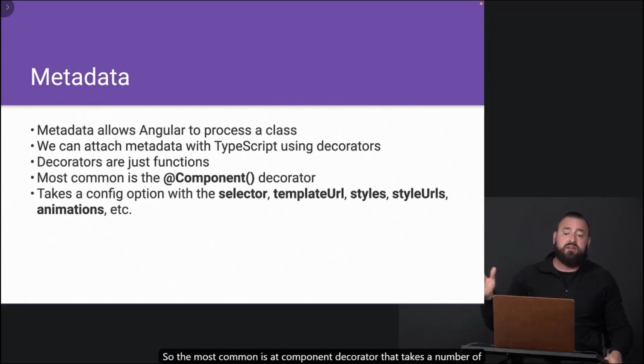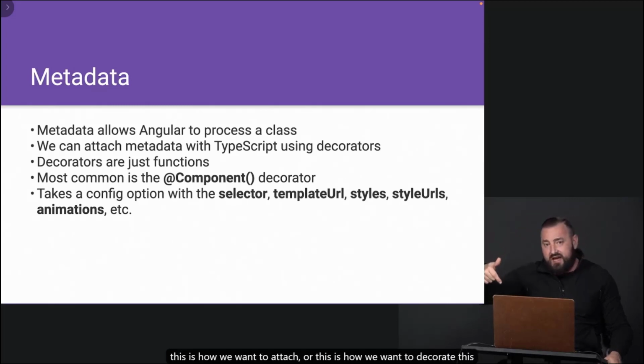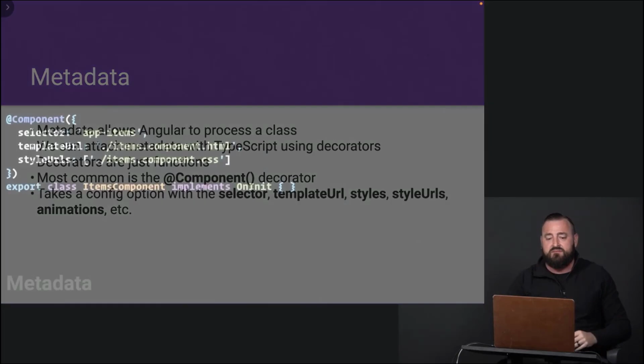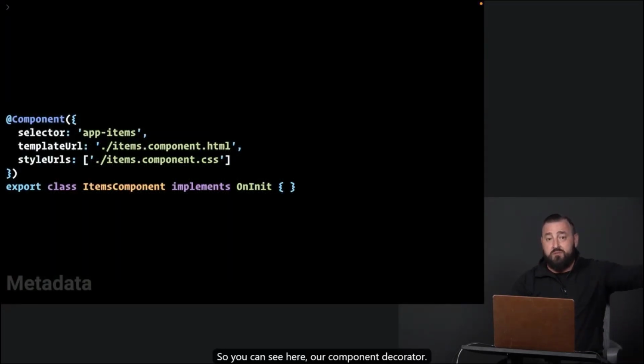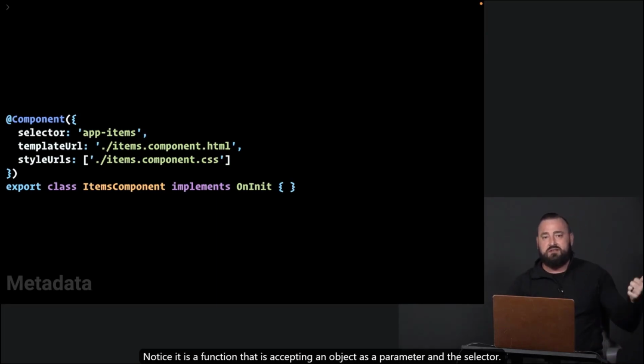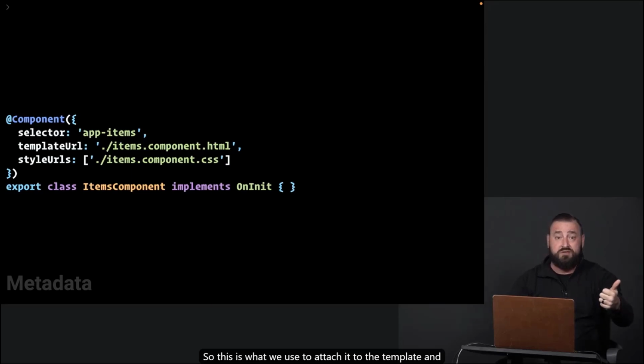So the most common is the @Component decorator that takes a number of configuration options that tells Angular, just like NgModule, this is how we want to decorate this component class with this style, this template, etc. So you can see here, our component decorator, notice it is a function that is accepting an object as a parameter, and the selector, so this is what we use to attach it to the template and invoke it in our application.